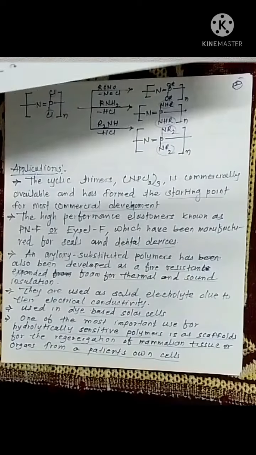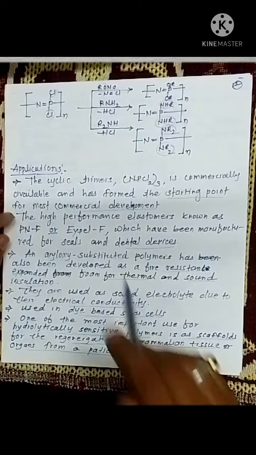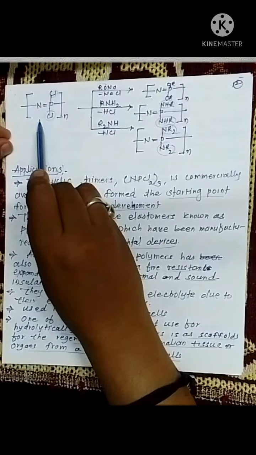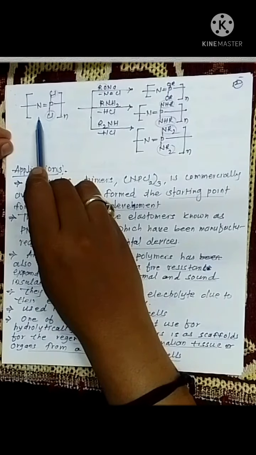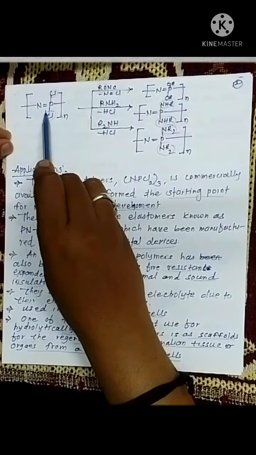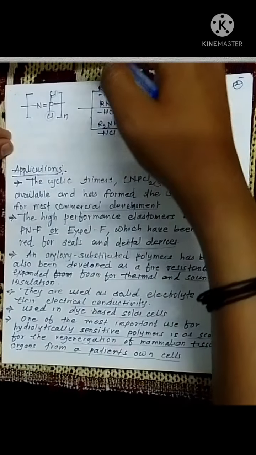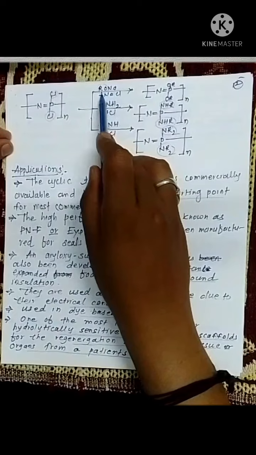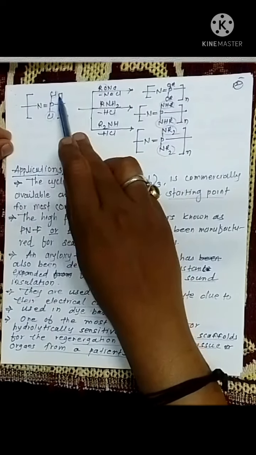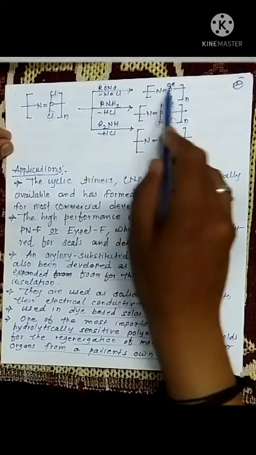Just see here. In this reaction, polydichlorophosphazine is first reacted with the sodium salt of alcohol. So in this reaction, these two chlorine groups are easily replaced by OR.